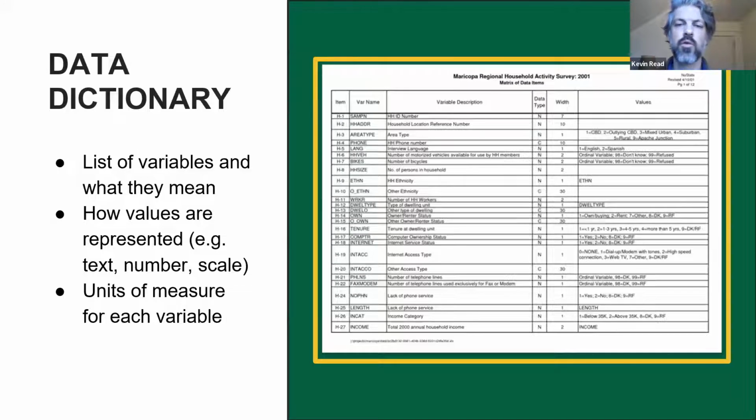So one of the ways that you can do this, if you're working with tabular data, is to build a data dictionary. So what you can see here is just an example of variable names. So oftentimes we make shortened variable names, which might not be easily understandable. But what this does is give you an opportunity to define each of those, to describe what type of variable it is.